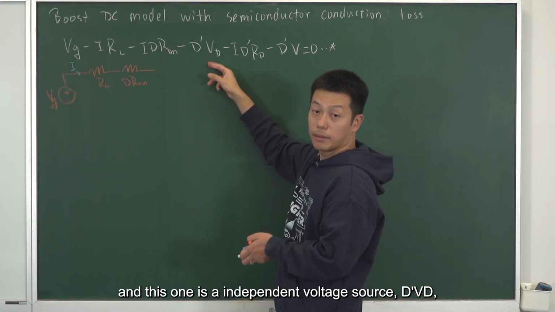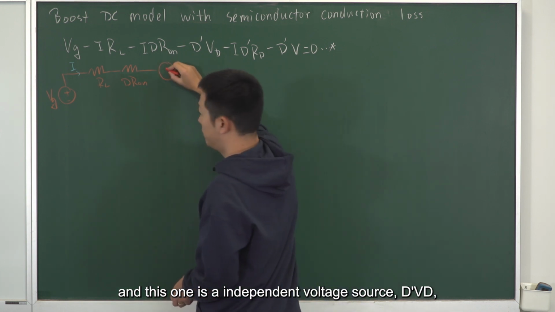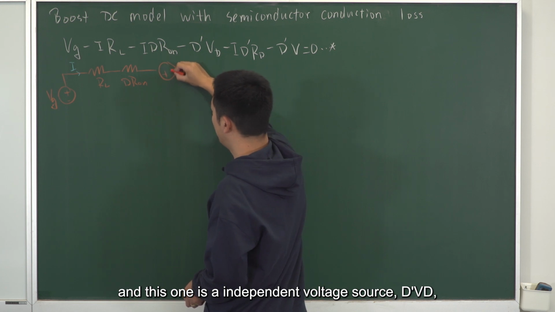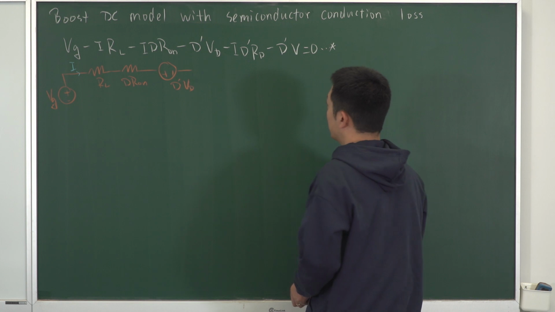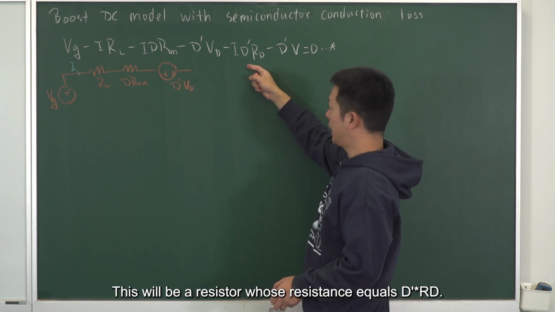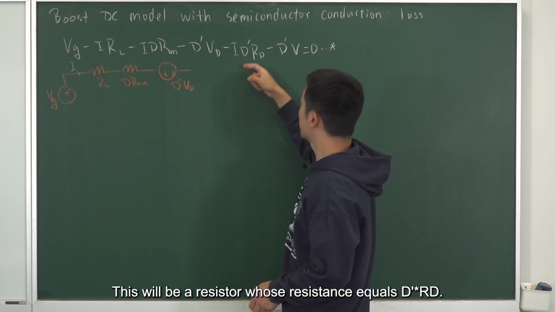This one is an independent voltage source, D prime V_D. This will be a resistor whose resistance equals to D prime R_D.